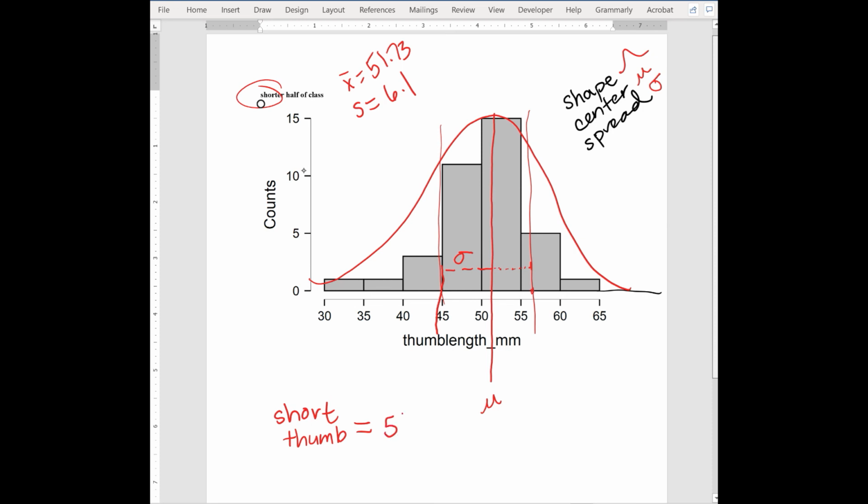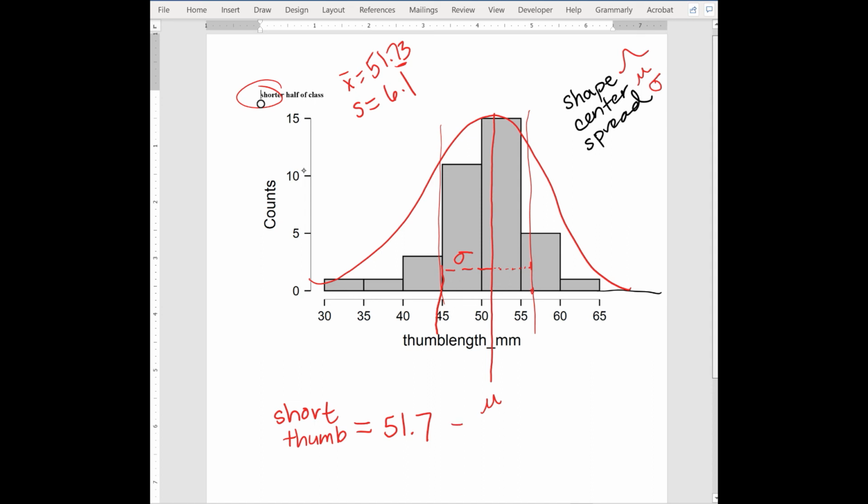So it's somewhere around there, 51, 52. Or I guess it would be closer, if I want to be more accurate, to go with this 51.7. Again, it's kind of up to you because it's a model. It's not going to be exact.